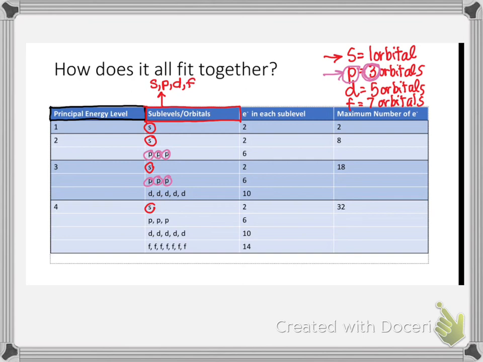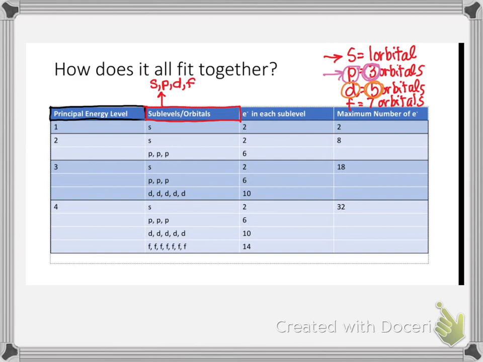For the D sublevel, I wrote the D 5 times, not because there's 5 sublevels, but because there's 5 orbitals. And when you get to the F, there should be 7. So that's how I tried to indicate in this second column that you have the different sublevels, S, P, D, F, and they each have different numbers of orbitals. I wrote the letter more than 1 time because they can have more than 1 orbital.